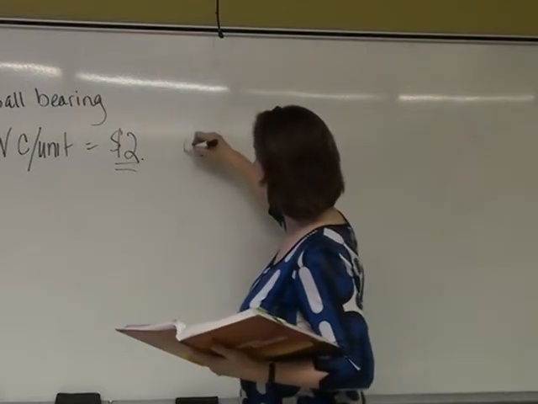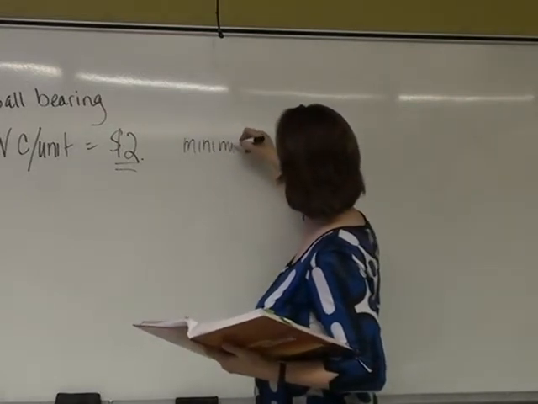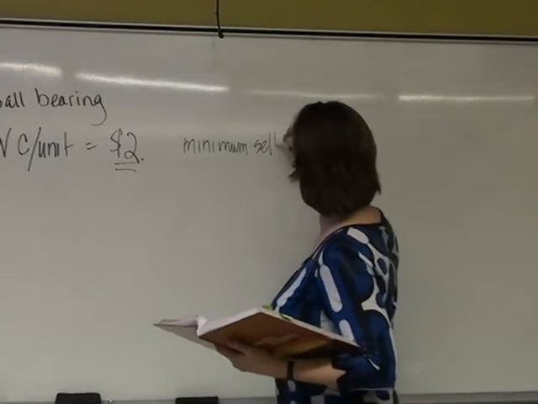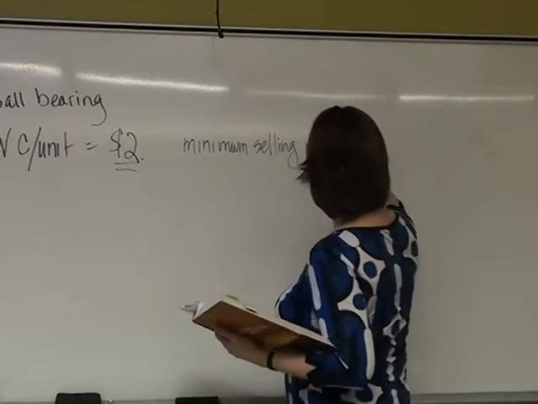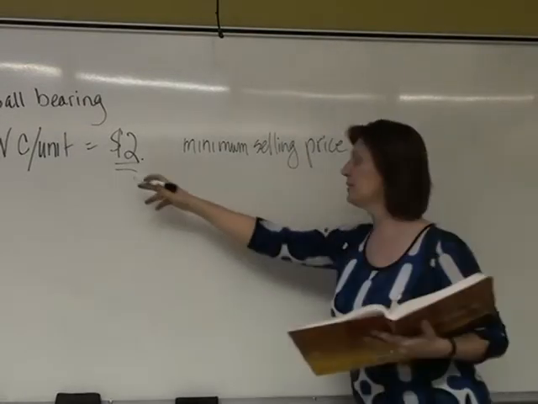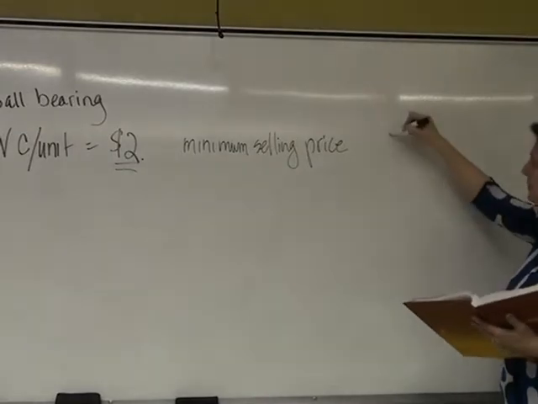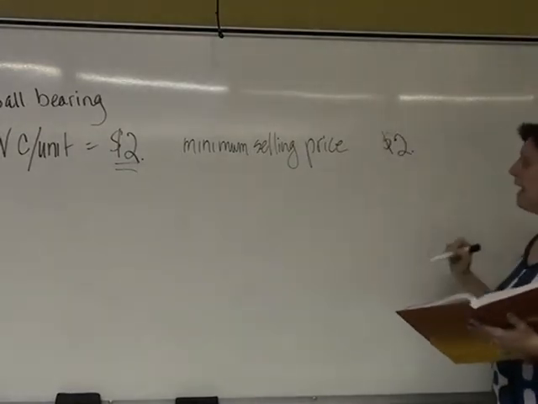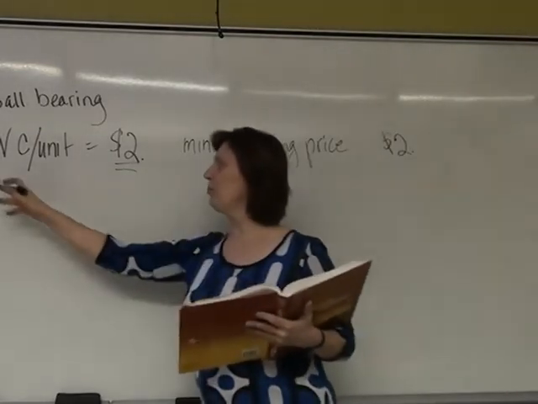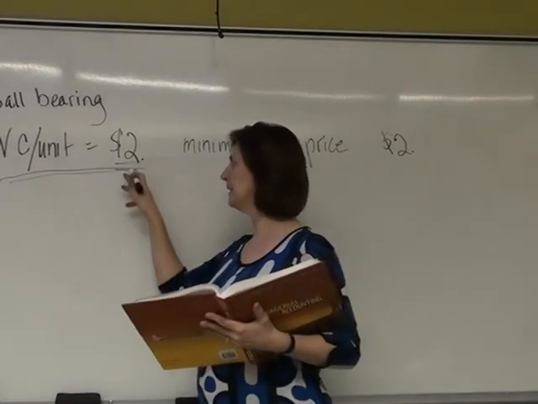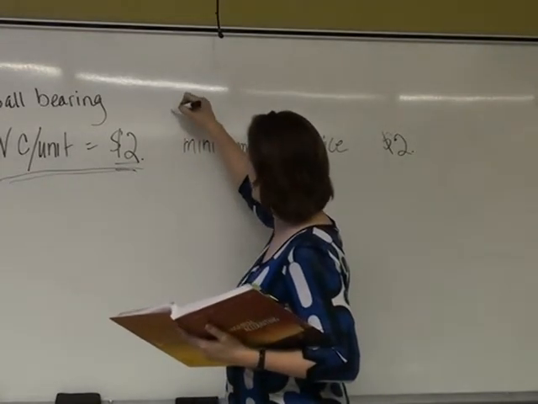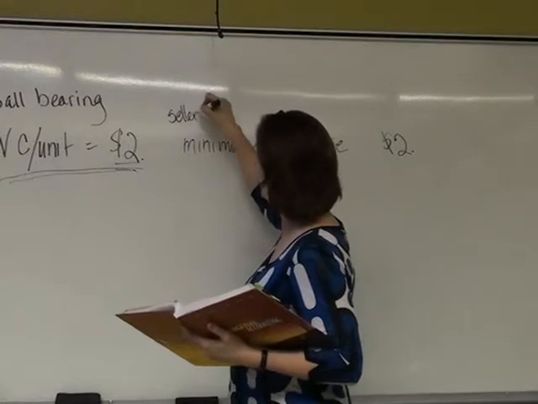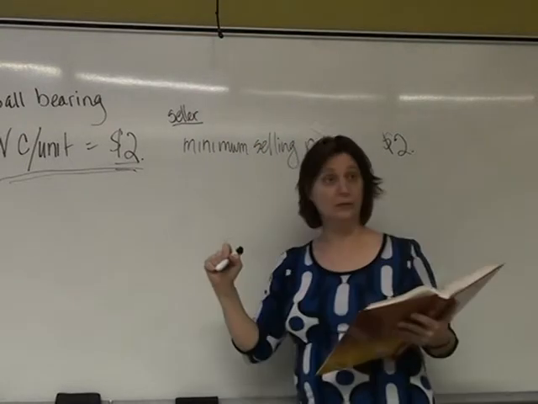So the minimum selling price for me is my cost to manufacture. So that's $2. And the minimum selling price is always set by the seller of the transfer.